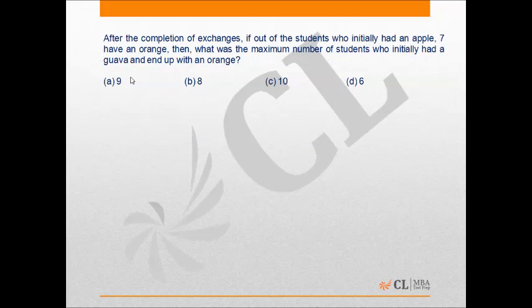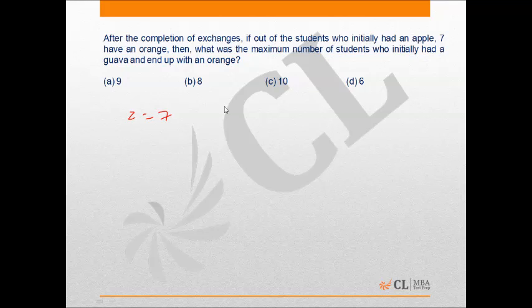After the completion of exchanges, if out of the students who initially had an apple 7 have an orange, it means the value of Z is 7. Then what was the maximum number of students who initially had a guava and ended up with an orange?